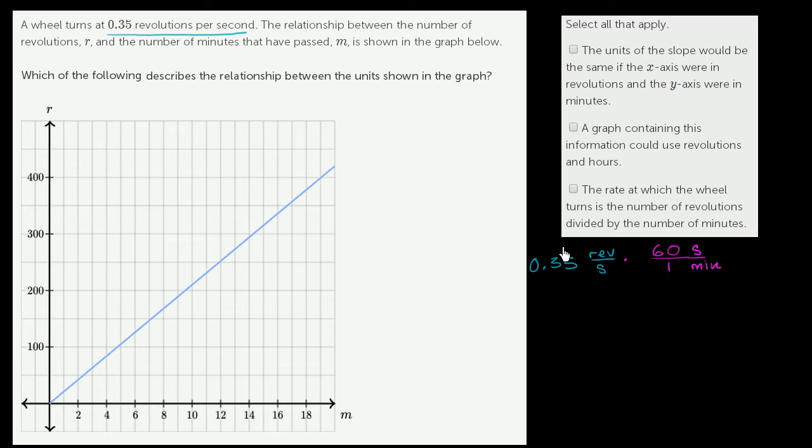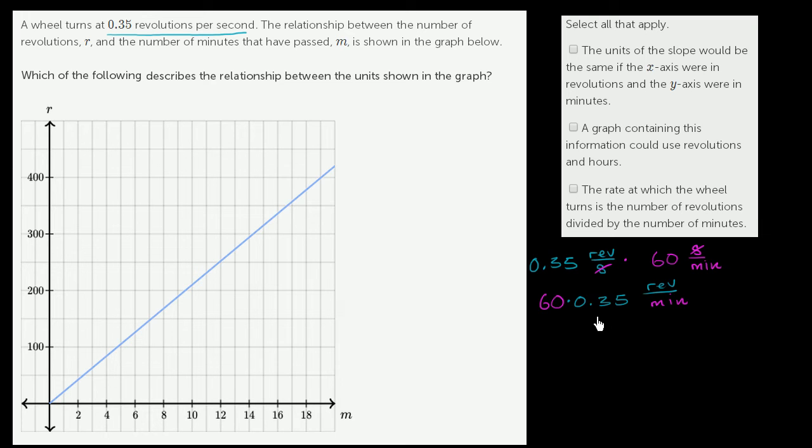We're not changing this measurement right over here, or we could even write this as 60 seconds per minute. And when we do that, our seconds cancel out, and we are left with 60 times 0.35 revolutions per minute.